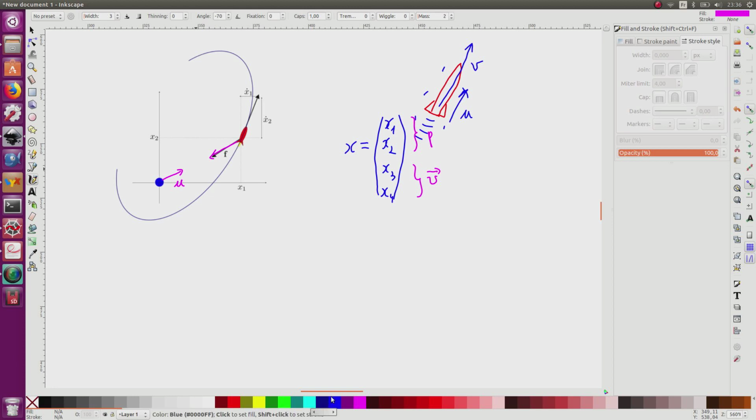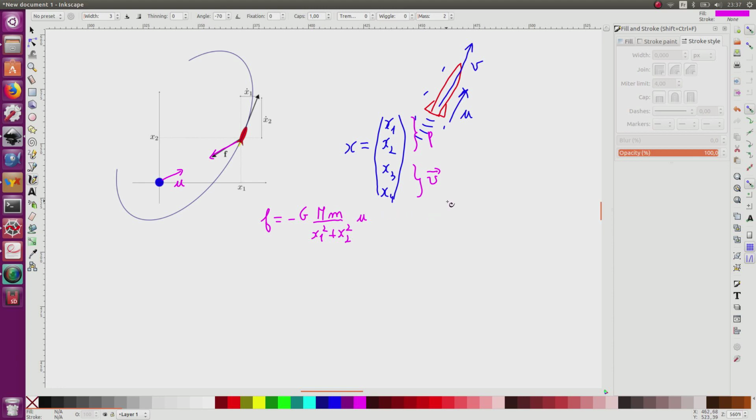Here it means that the force F, which is a vector, is equal to minus G, times M the mass of the Earth, times m the mass of the satellite, divided by x1 square plus x2 square, the square distance, multiplied by the unit vector u.